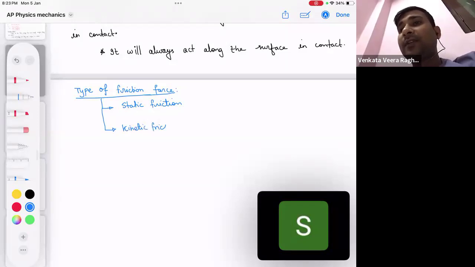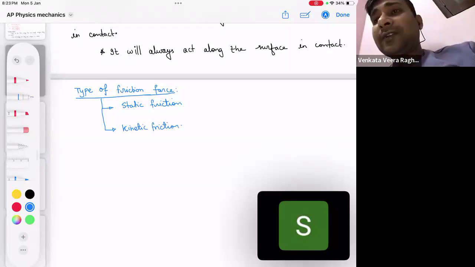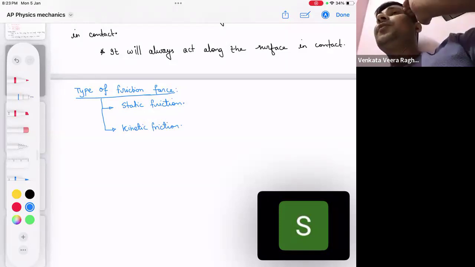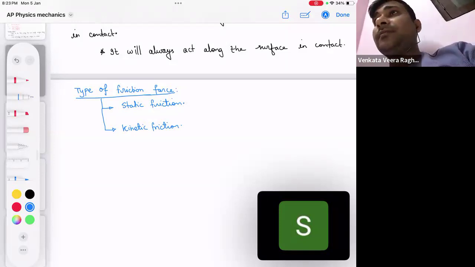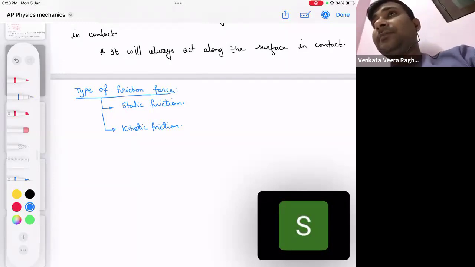What is the difference between these two forces? The simple difference between static and kinetic friction is this: whenever two surfaces are in contact with each other and they are not trying to slide over each other, the static friction will be acting between them.